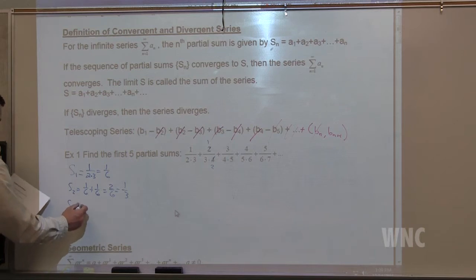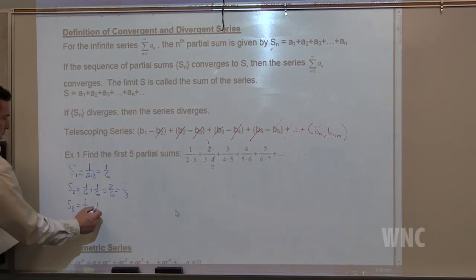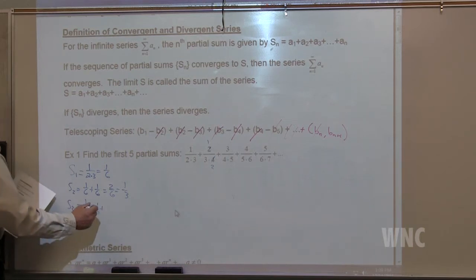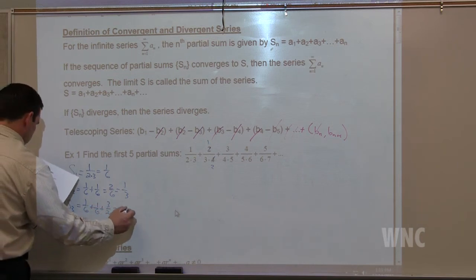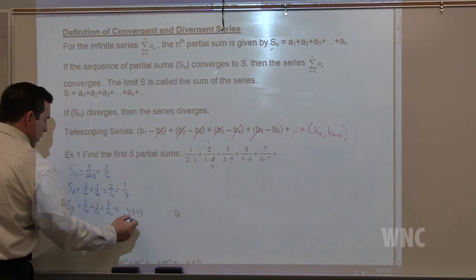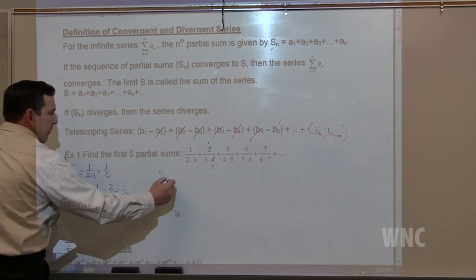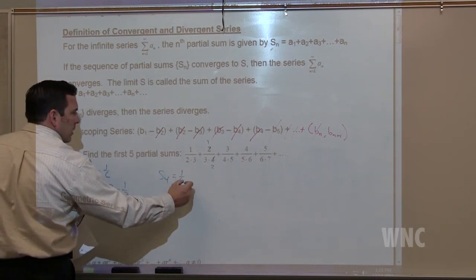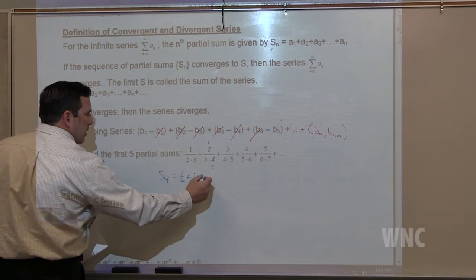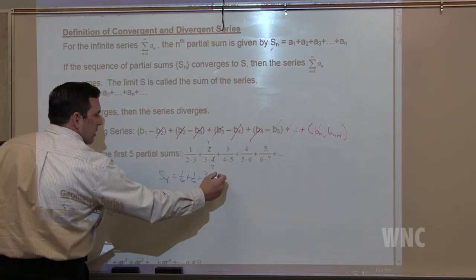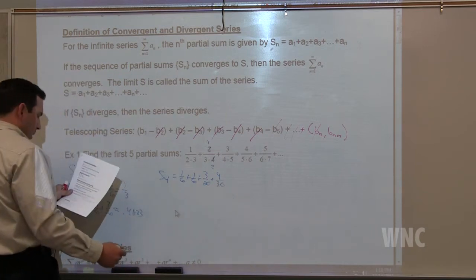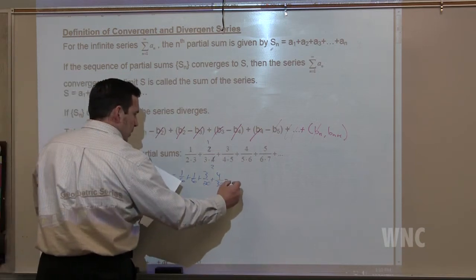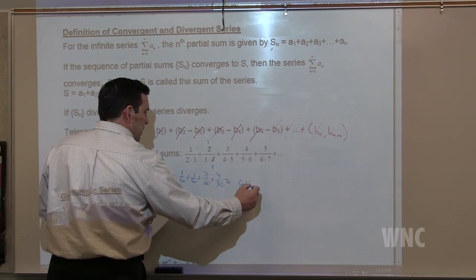S3 is going to be 1/6 plus that 1/6 plus 3/20, and that'll be approximately 0.4833. S4 is going to be 1/6 plus 1/6 plus 3/20 plus 4 over 30, and that gives us approximately 0.6167.